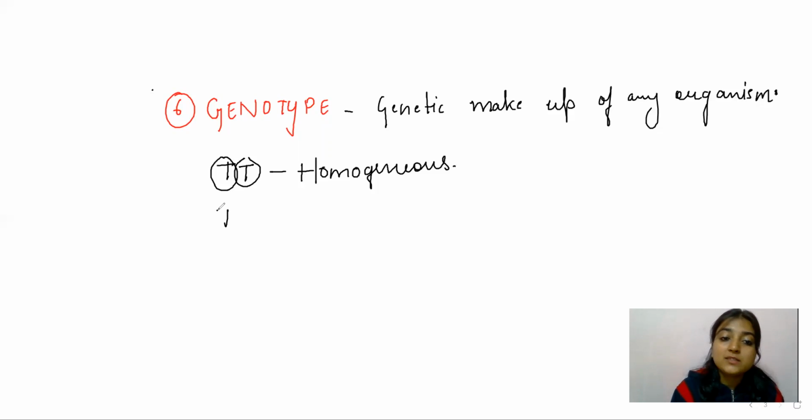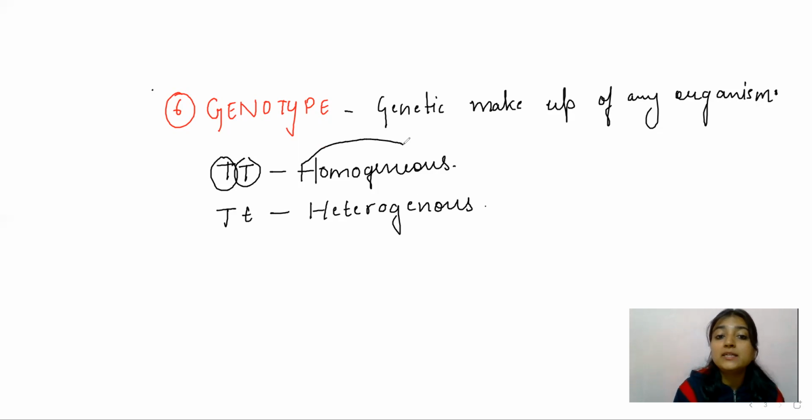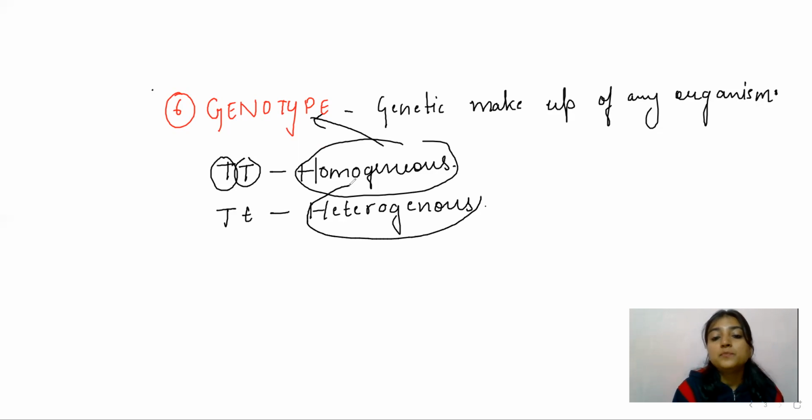Now if it is capital T and small t, it is heterogeneous. So the homogeneous and the heterogeneous are the genotypic types of the given organism. These are the genotype.